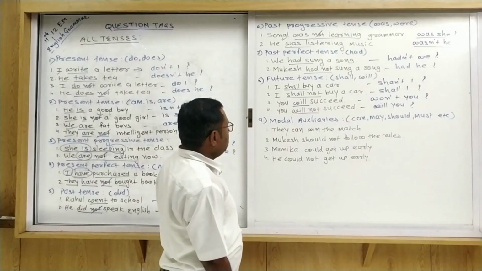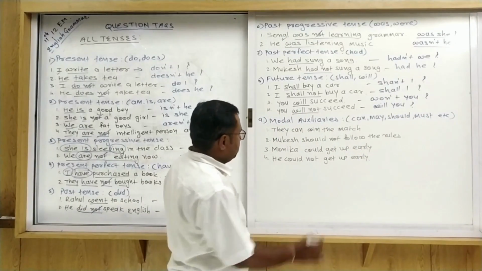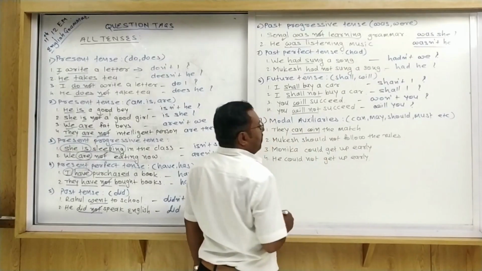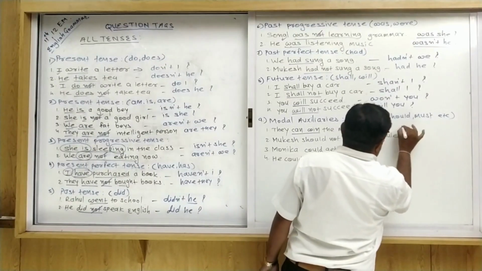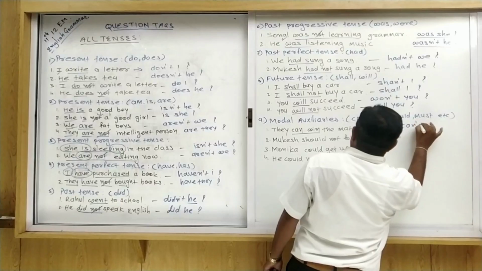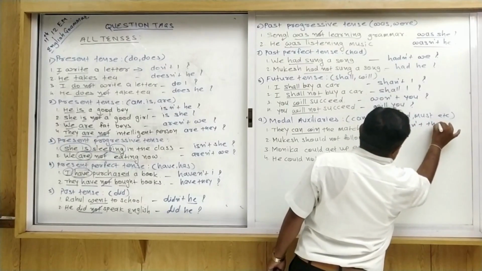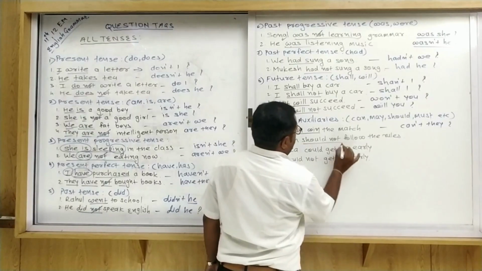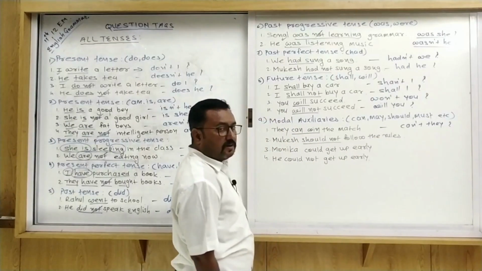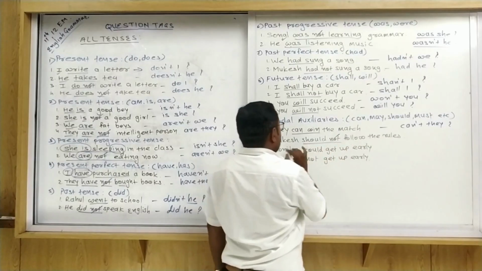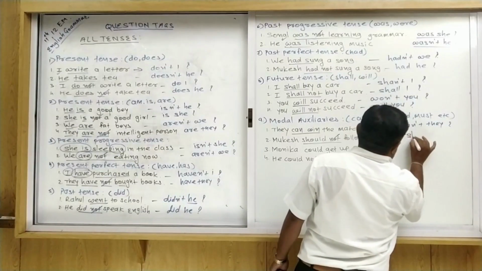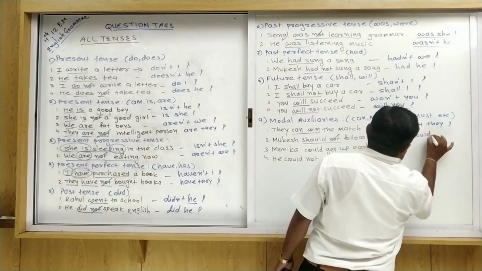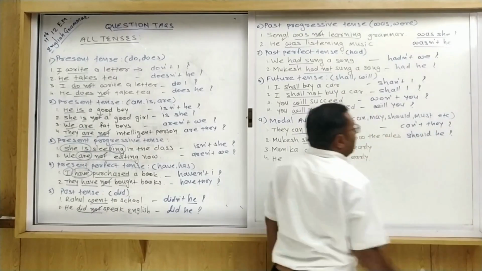Okay. Next, modal auxiliaries. They can win the match. Can is given. So can't they? Mukesh should not follow the rules. Not is removed. Mukesh should. So should Mukesh. That means he.